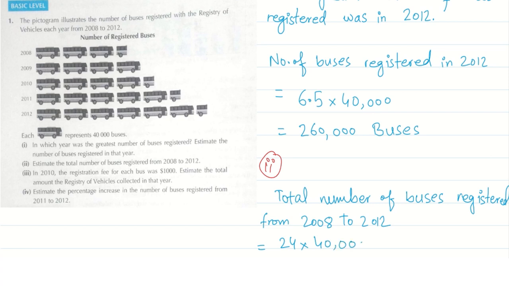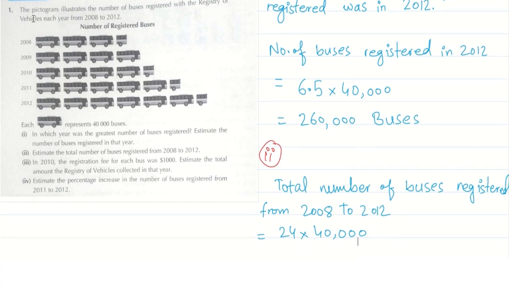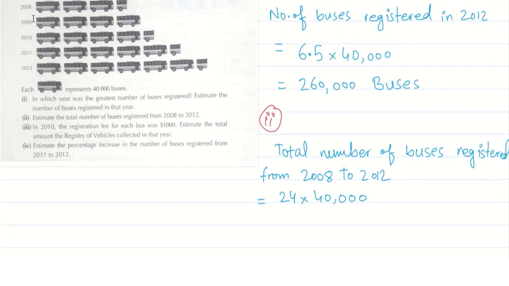So we will multiply 24 with 40,000 to get the exact number of buses which were registered from 2008 to 2012. By multiplying 24 with 40,000 we get 960,000 buses. So 960,000 buses were registered in these 5 years.